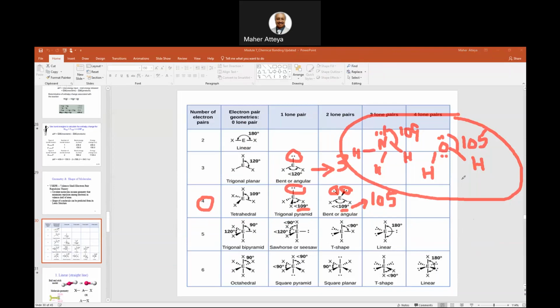So if I have a theoretical molecule here with 3 sets of lone pairs, something like this.